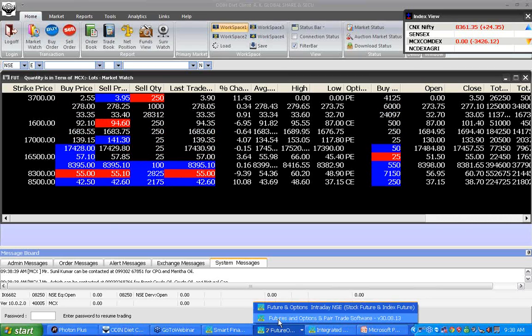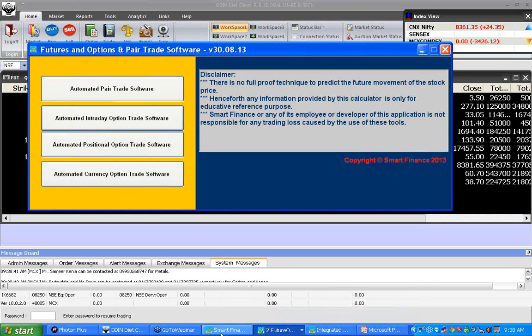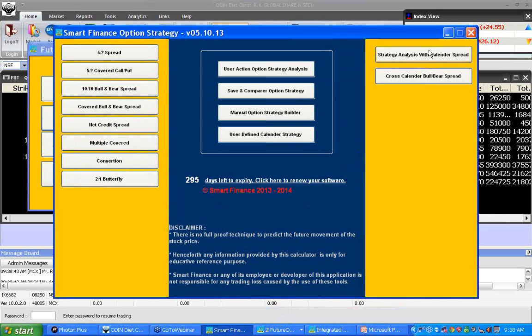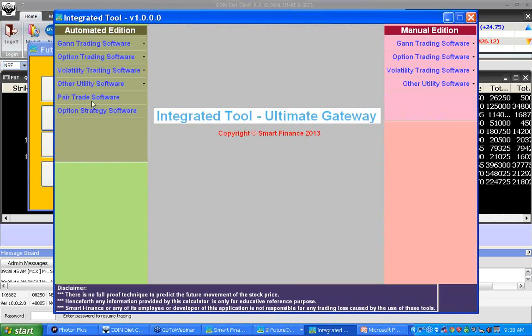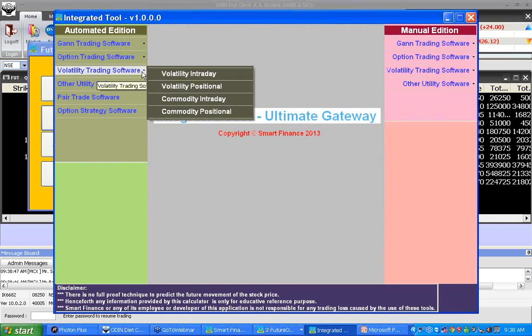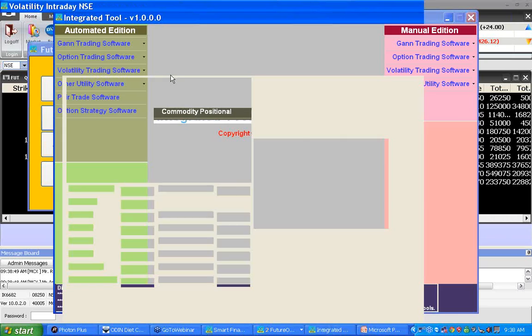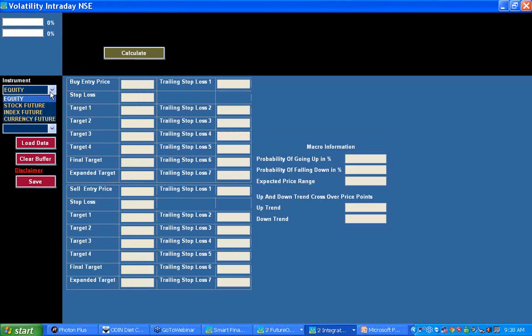422. So a little bit, if I go to my volatility tool, wherein I will get some view about the probability estimate also. This is also very important whenever you are doing intraday trade.